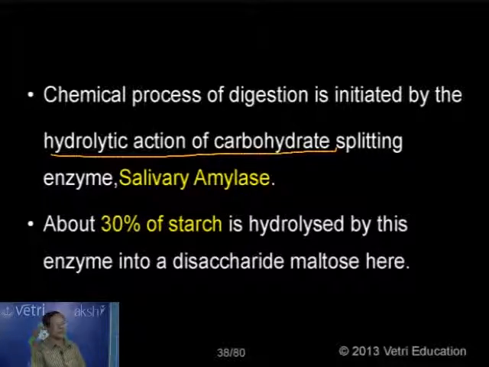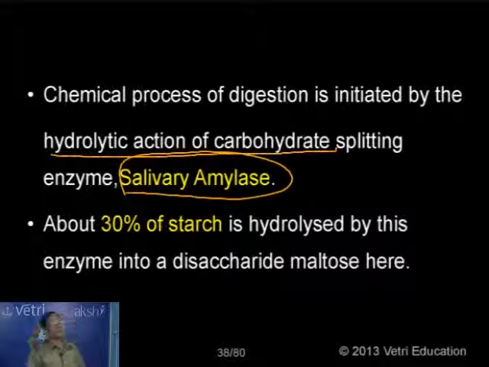I mentioned already hydrolysis is nothing but another name for digestion, because the mechanism behind it is the hydrolytic action of enzymes. We are adding a molecule of water and breaking the complex materials. So here the hydrolytic action on carbohydrate is initiated in the buccal cavity with the help of the enzyme salivary amylase, which splits starch.